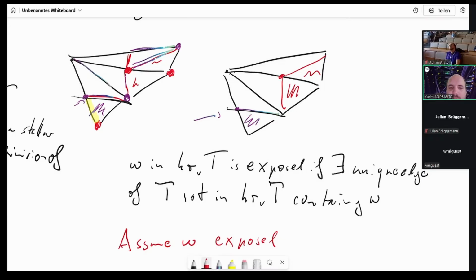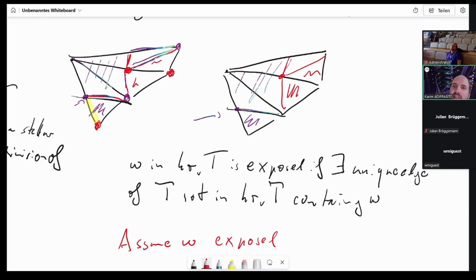So what I'm left with is only this smaller fin here. It's really smaller because it contains fewer interior vertices. And I look for the next exposed vertex. The next exposed vertex, if it exists, helps me continue the process.